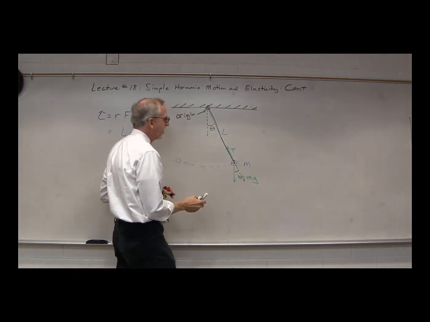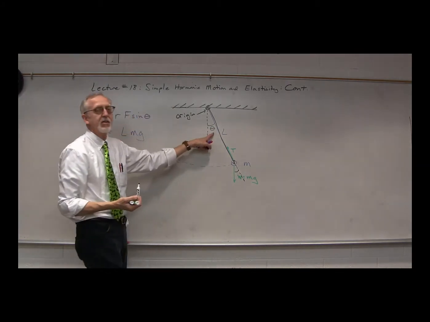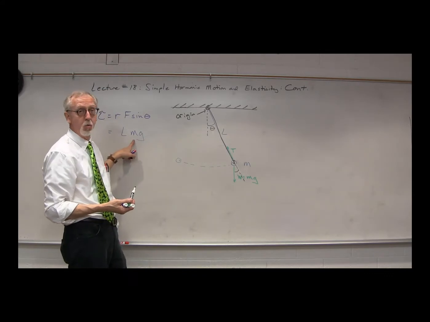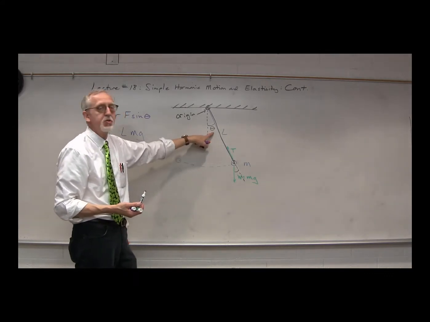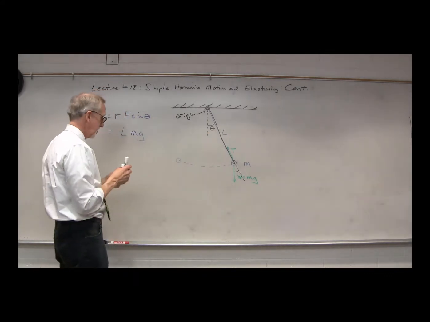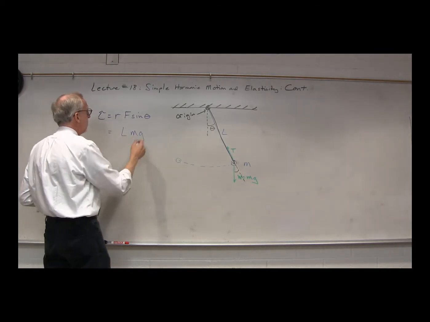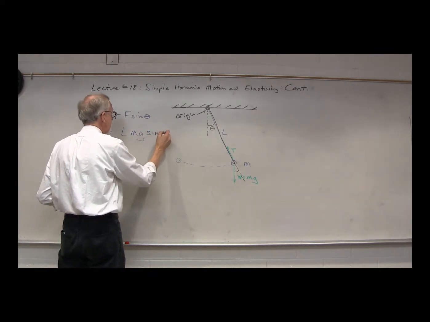That would be the angle, but that is exactly the angle theta that we set up here. So this theta for the weight is actually whatever this positional angle theta is here. So we have that the torque is L mg sine theta.